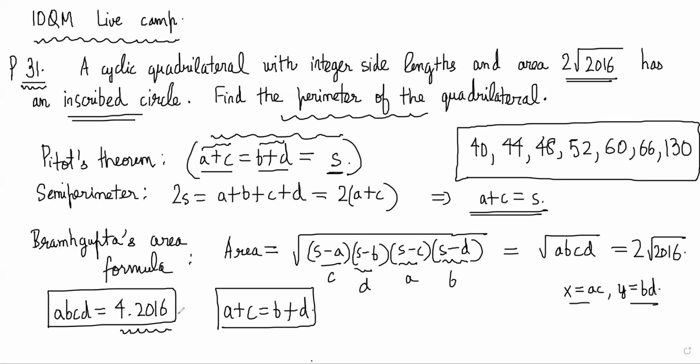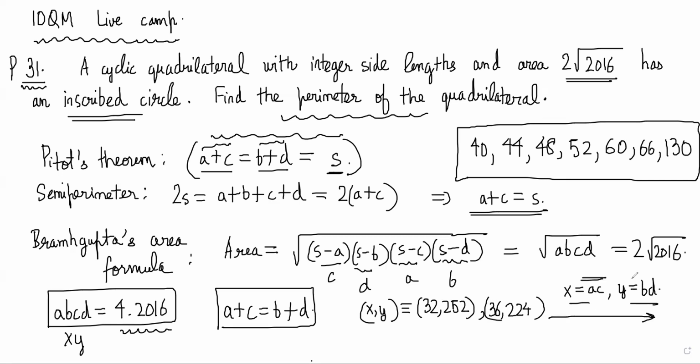A little bit of trial and error you have to check, and you will get possible values of X and Y so that the product XY is this. You would get 32, 252, for example. That is one pair. 36, 224. There are many such pairs possible, but you also have to ensure that A plus C is equal to B plus D.